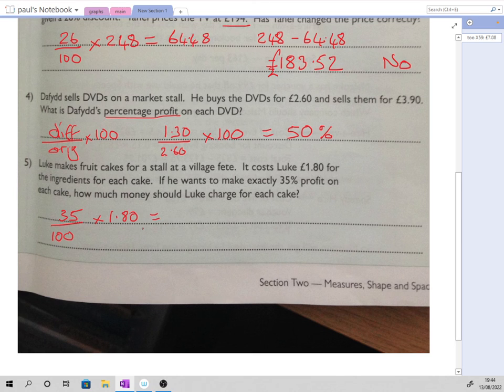So calculator, 35 divided by 100 times 1.80 equals 0.63, which is 63 pence, because that's in pounds, isn't it? So all we've got to do now is £1.80 plus the 63 pence, which is our 35% profit. 3, 6 and 8 are 14, and 1 and 1 and 1 is 2. So he's got to sell them for £2.43.